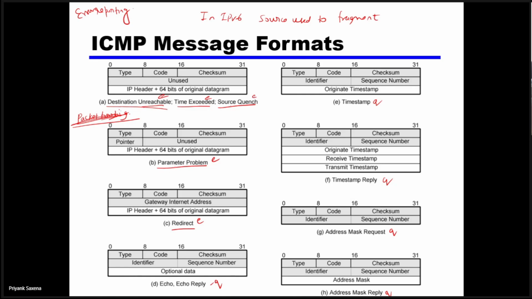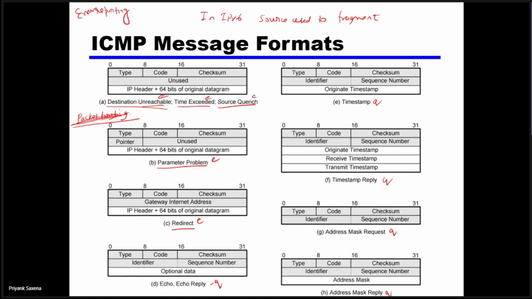In such conditions, the router will inform the source host that it is unable to forward the packet.